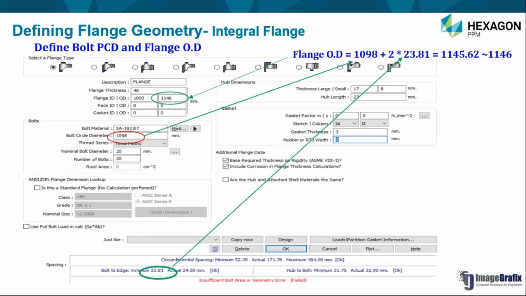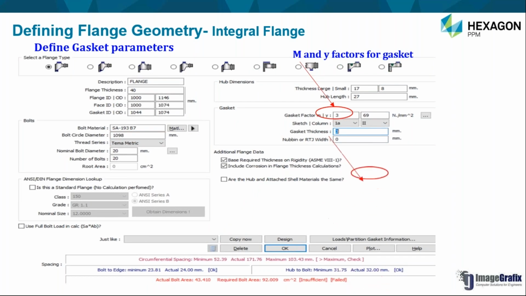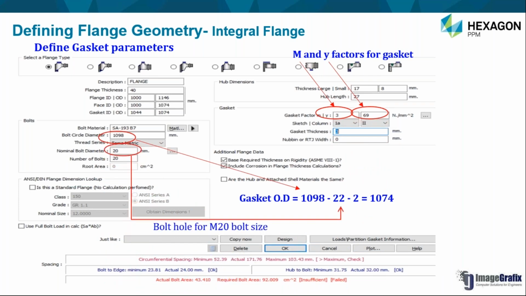Then whatever number of bolts we have selected, now we have to enter the m and y factor values. Then the next is we have to finalize the gasket OD as your PCD minus the bolt hole minus your 2 mm clearance.